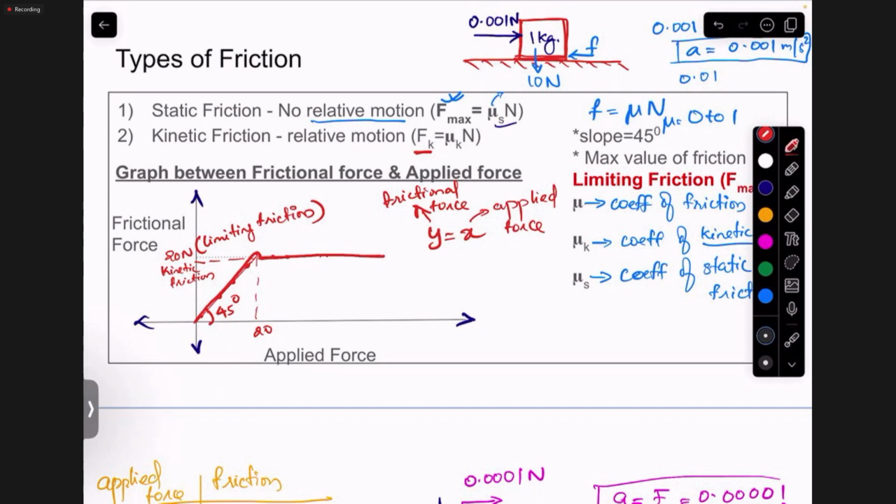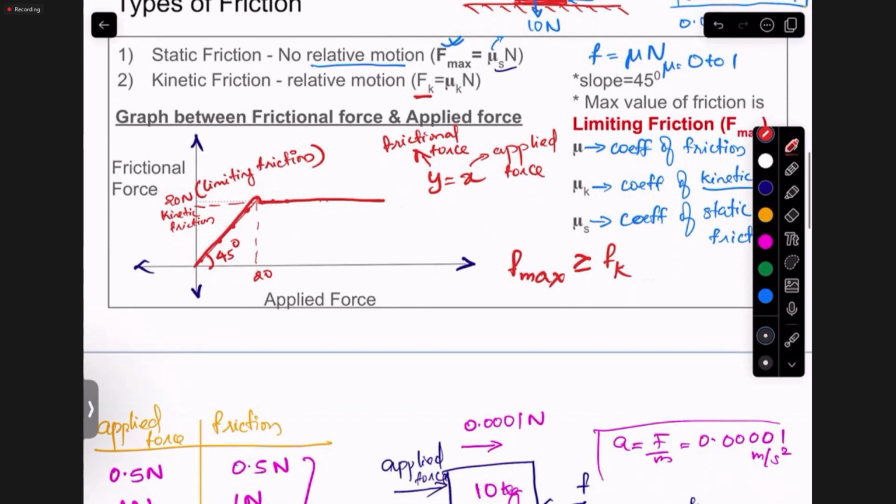Okay, so you should understand that this F max is always greater than or equal to Fk. F max is either greater than the kinetic friction or equal to it. This is another relation that we will have here.